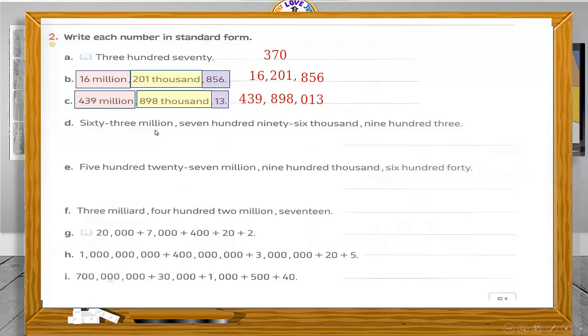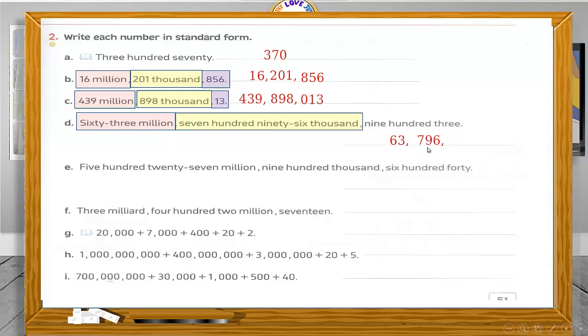Next one, 63 million. Do you see this comma? This is the end of the first period. 63 million, write 63, put a comma. 796,000, the end of this period here. Last period 903. Next one, 527 million.